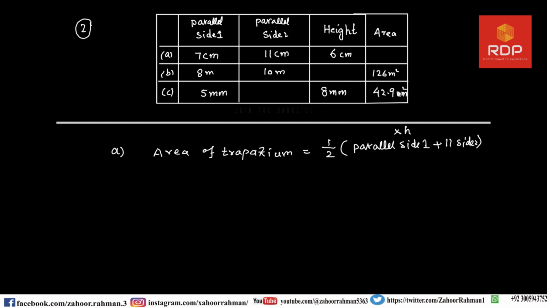So in the first case they gave us the two parallel sides, which are 7 centimeter plus 11 centimeter, and then we have height 6. 1 2 1s are 2, 2 3s are 6, and 18 centimeter multiplied by 3. So in this case we will get 54.